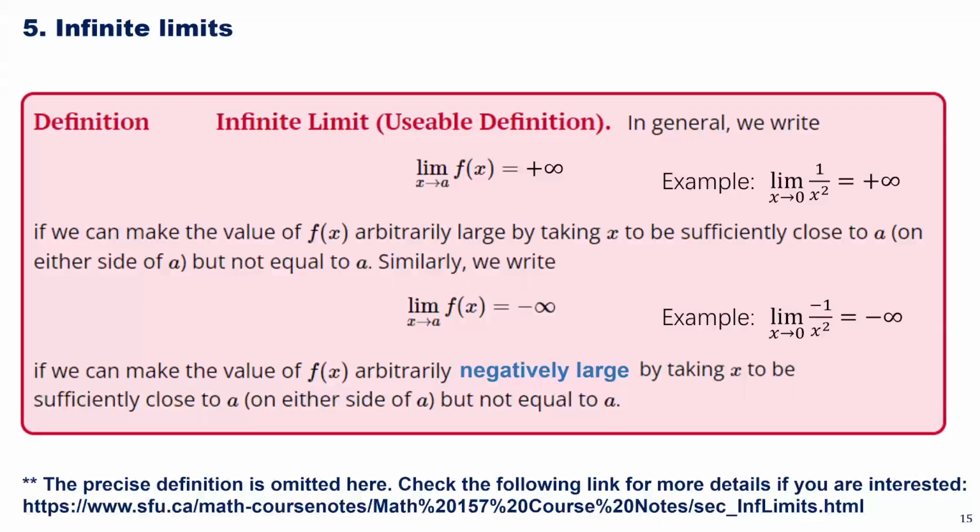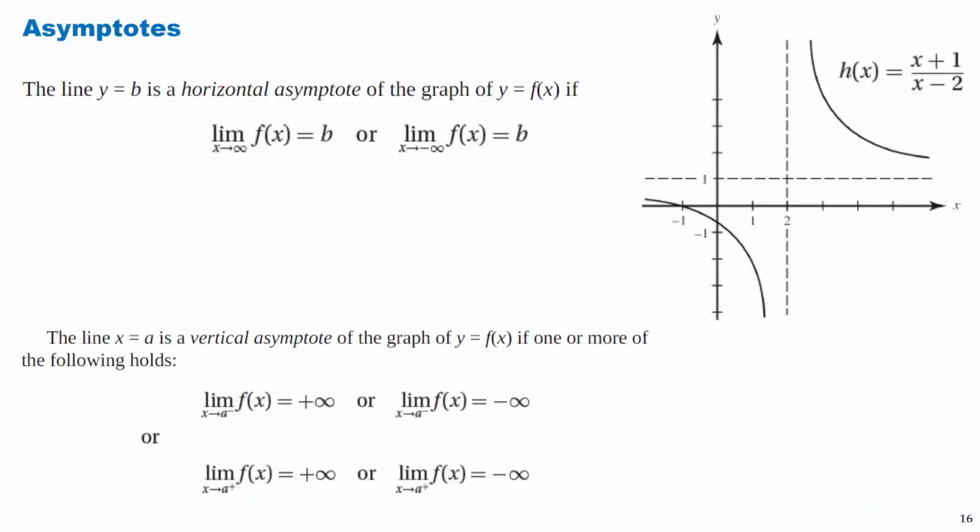Okay, if you don't have any question, next let's have a look at the concept of asymptotes. Actually, we can use the concept of limits to define asymptotes. The line y equals b is a horizontal asymptote of the graph y equals f(x) if we have either the limit of f(x) equals b when x approaches positive infinity, or the limit of f(x) equals b when x approaches negative infinity, right?